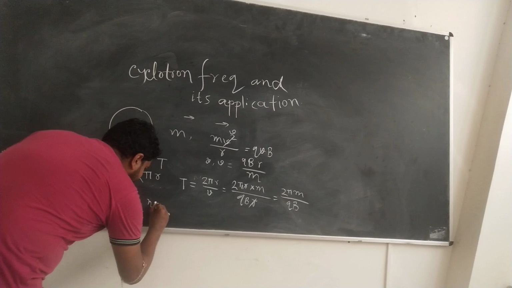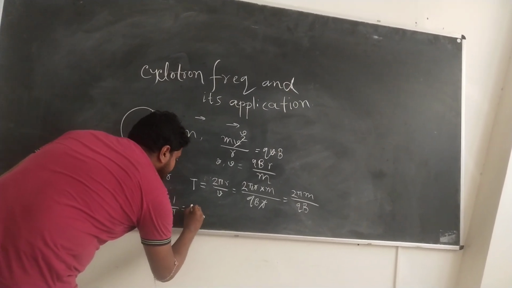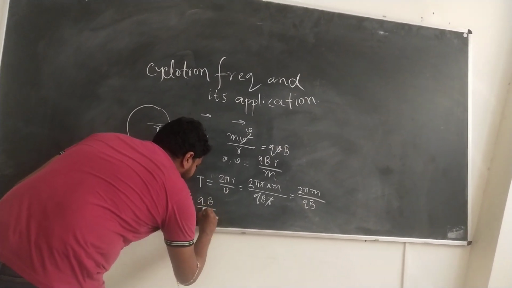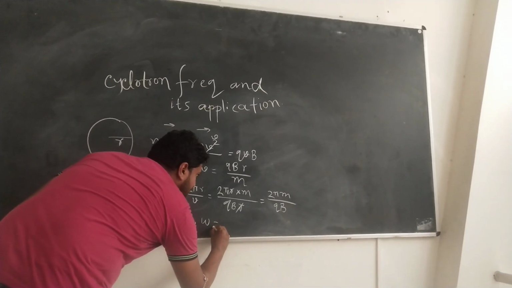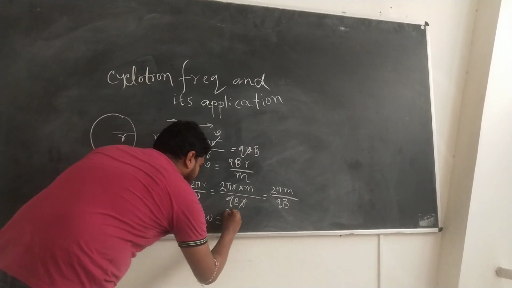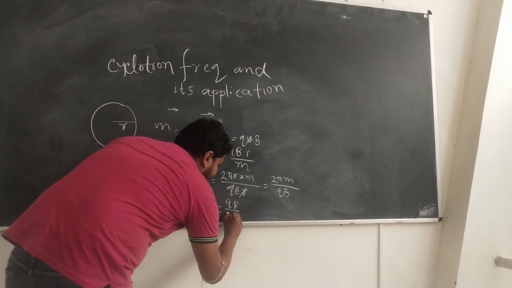So the linear frequency n equals 1 by T equals QB by 2 pi m, and the angular frequency omega equals 2 pi n equals QB by m.